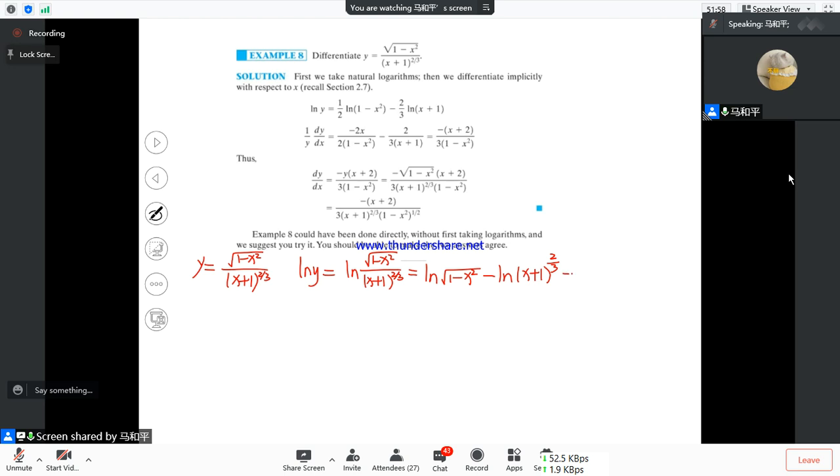And we use the first property. Here, the square root of 1 minus x squared, we write as power 1 over 2.